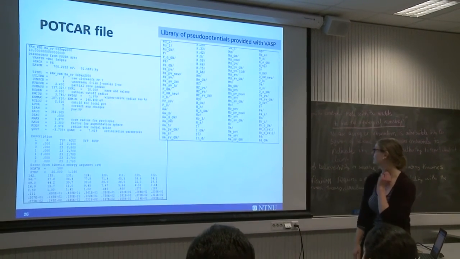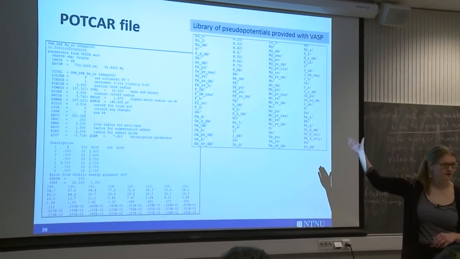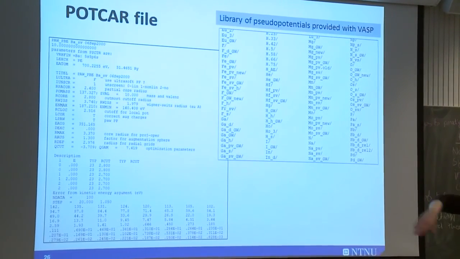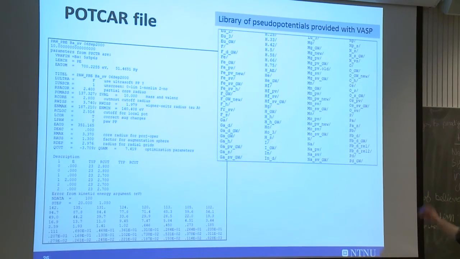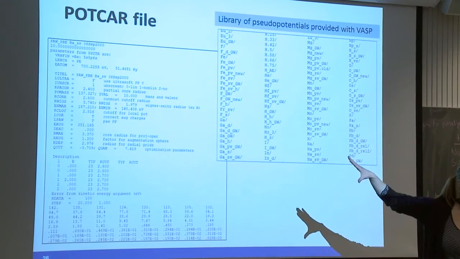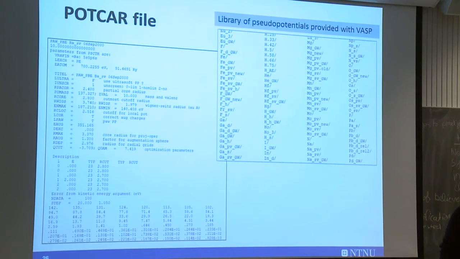POTCAR file. So in VASP, you get a big library, so you have pseudopotentials for all the different elements in the periodic table. And so you just copy paste all your elements into your POTCAR file, and you get a big file basically.